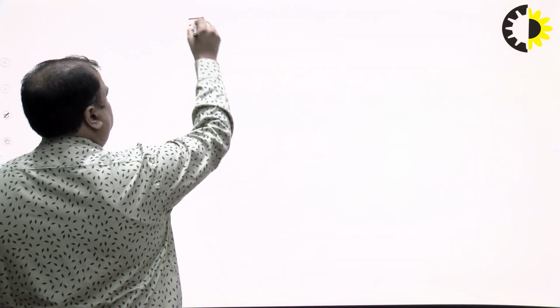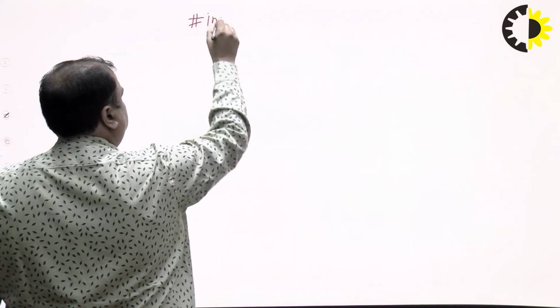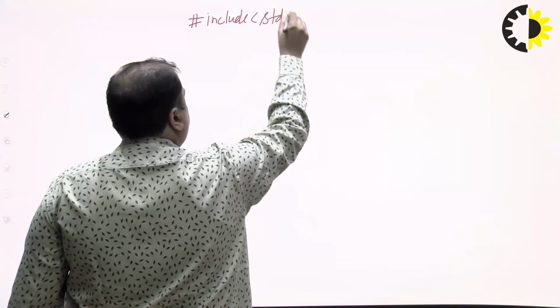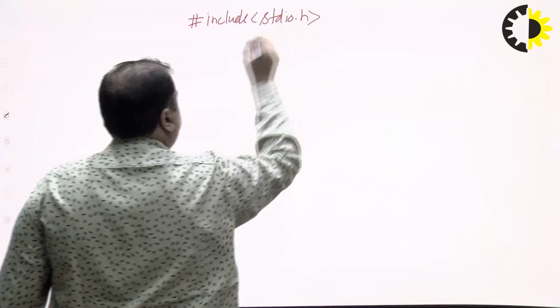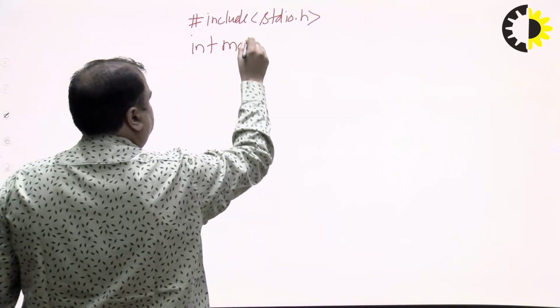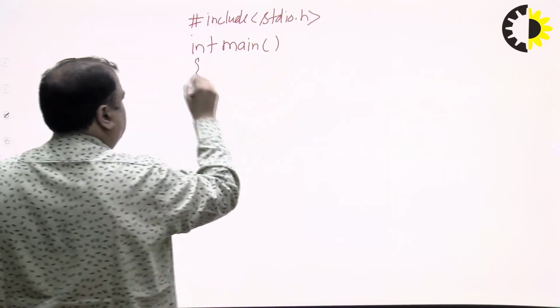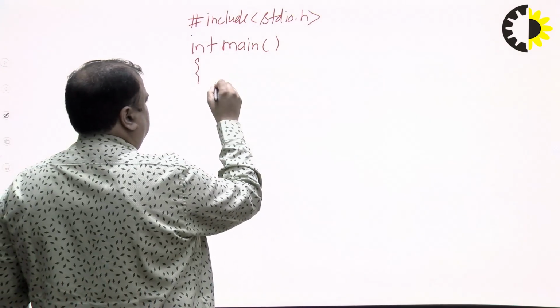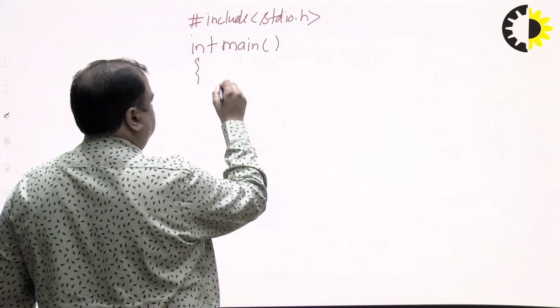Let's have hash include stdio dot h, and we are having int main. Let's start. I may have an array, I may have some size.